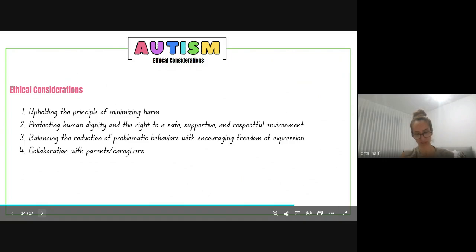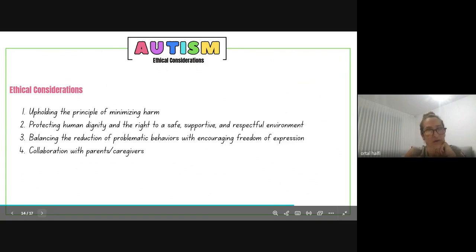Therefore, it is important not to suppress behaviors that are not harmful, only those that significantly limit social, communicative, or functional abilities.